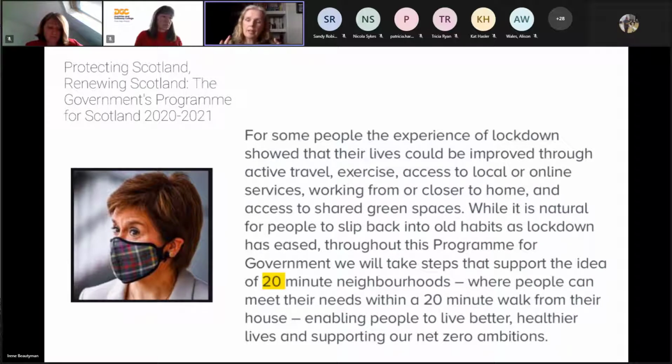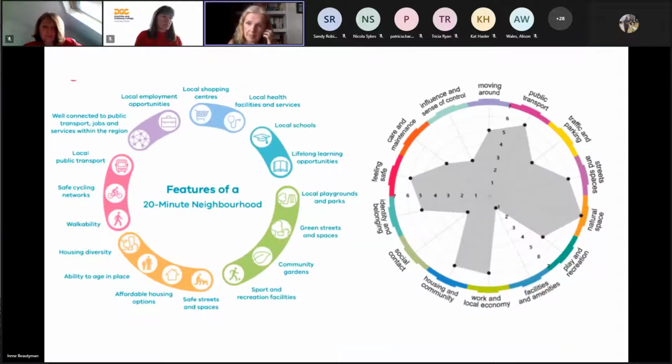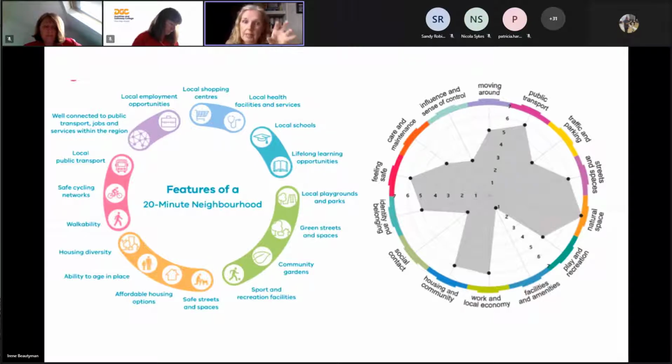20-minute neighbourhoods are a place-based approach. They are thinking about the neighbourhood in the round. This is an example on the left-hand side of what Melbourne are doing on a 20-minute neighbourhood approach, and they list all the aspects that they see as being important to deliver a 20-minute neighbourhood. You'll notice the main thing there is it isn't really about how far you can walk in 20 minutes. It's about living locally. It's just a fantastic term that people have caught into.